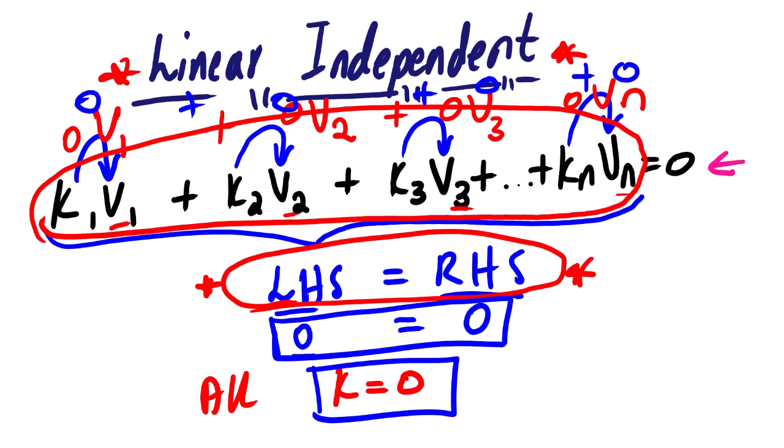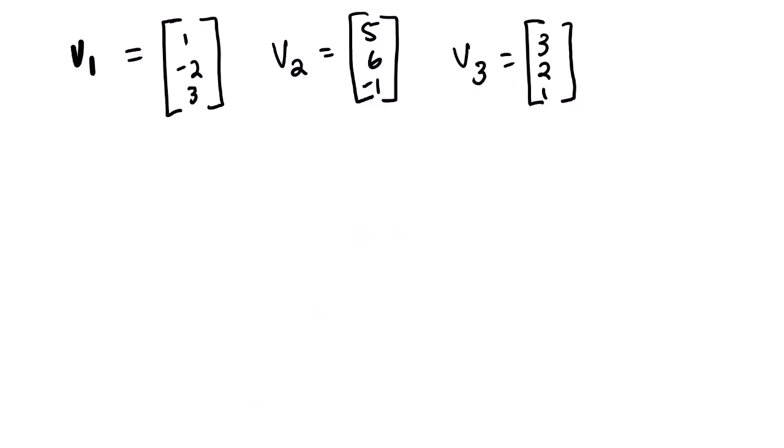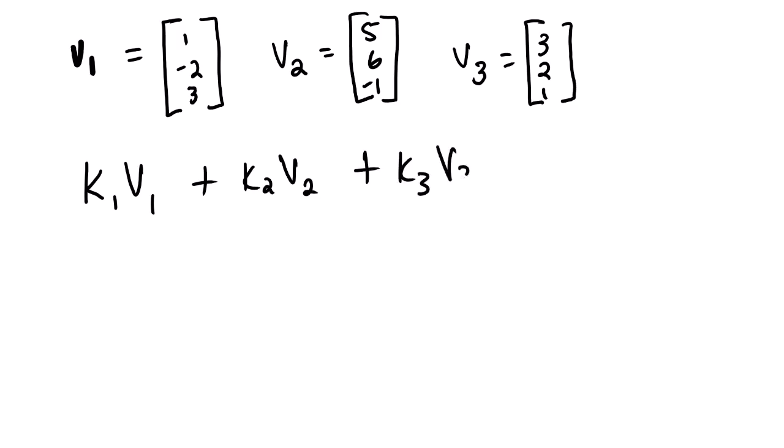Let us look at an example. Show whether these vectors are linearly dependent or linearly independent. We need to start by writing the equation k1 v1 plus k2 v2 plus k3 v3 equals 0. We end at k3 v3 because we have 3 vectors.